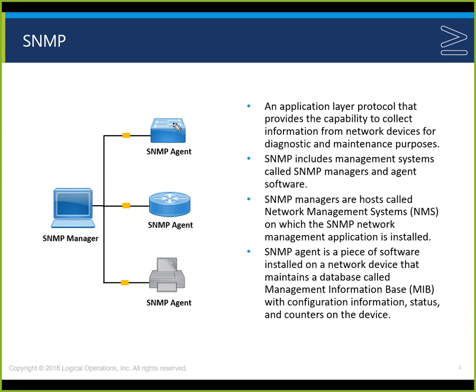So SNMP capable, the SNMP agent, SNMP capable device. Not all are. The home router is probably not going to be SNMP capable. I would love to monitor the bandwidth utilization on my home router. Can't do it. The SNMP manager is where we have the software running.